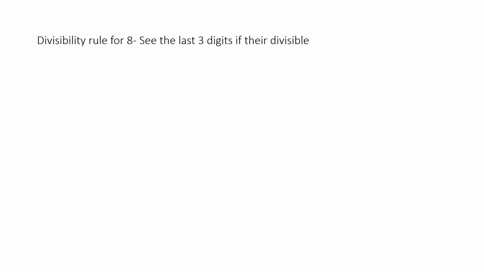Divisibility rule for 8. See if the last 3 digits are divisible by 8. So let's do 2, 9, 3, 8, 8, 8. So last 3 digits, if they're divisible. So you do know that 8 times 111 will equal 888, like this.